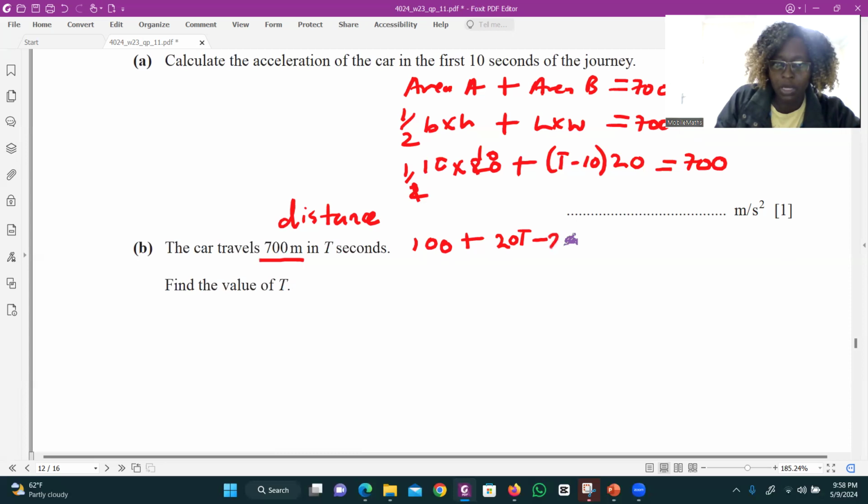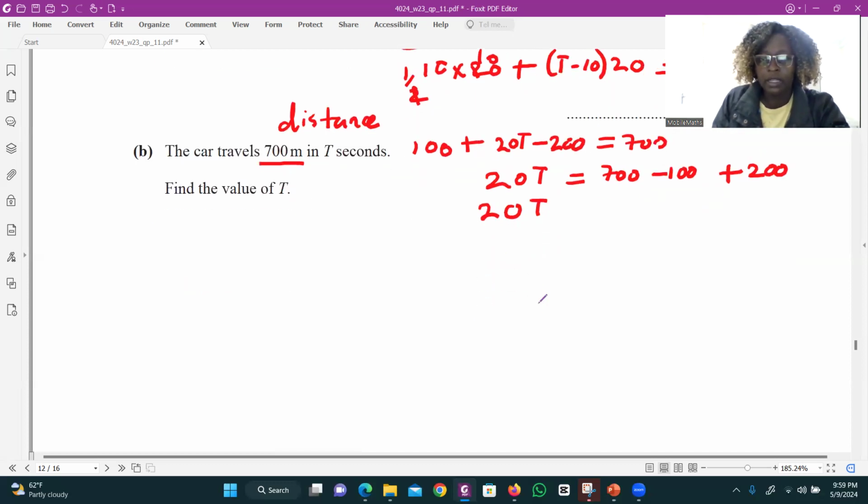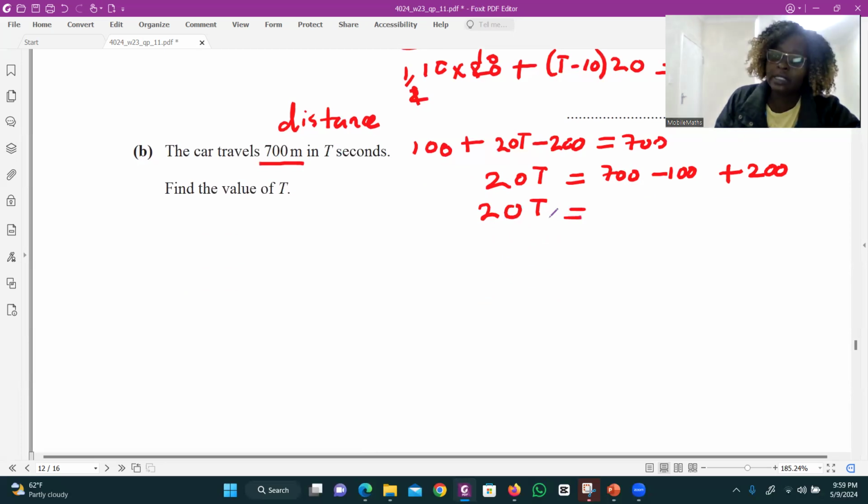So here I have 200, and then it is equal to 700. So I can say 20t is equal to 700 minus 100 plus 200. Then this is going to be 20t is equal to 700 minus 100, that's 600, plus 200, that's 800.